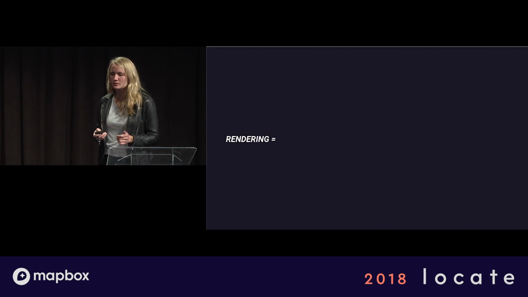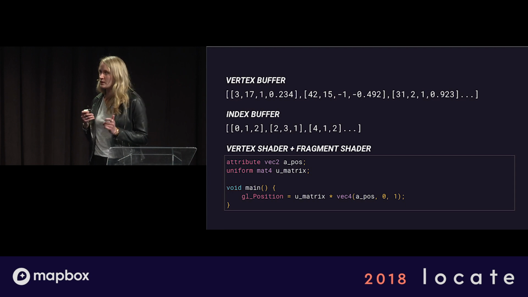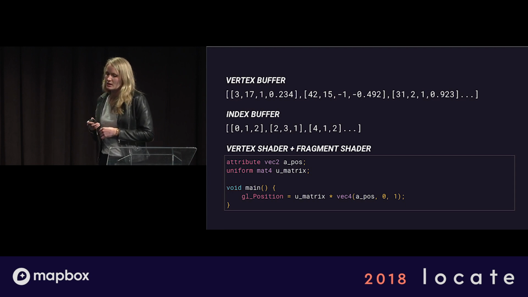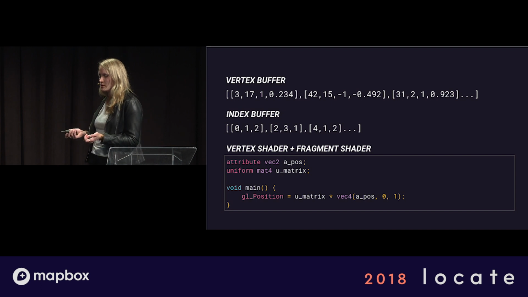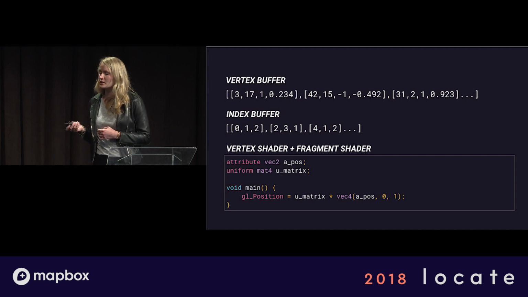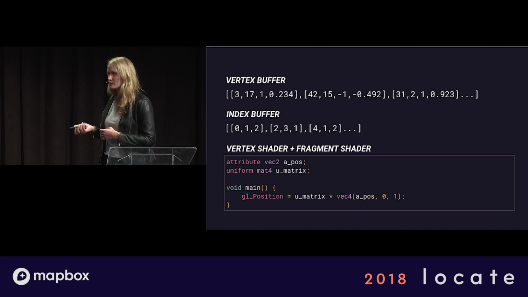So to recap, the things you need for rendering are a vertex buffer with a bunch of individual vertices, where each vertex is made up of different attribute data, which is almost always including, but usually not limited to, some position coordinate that will help us position this vertex in space. An index buffer, where each triplet represents a triangle, and each member of each triangle represents an index into the vertex array. A vertex shader and a fragment shader, which might look something like this.